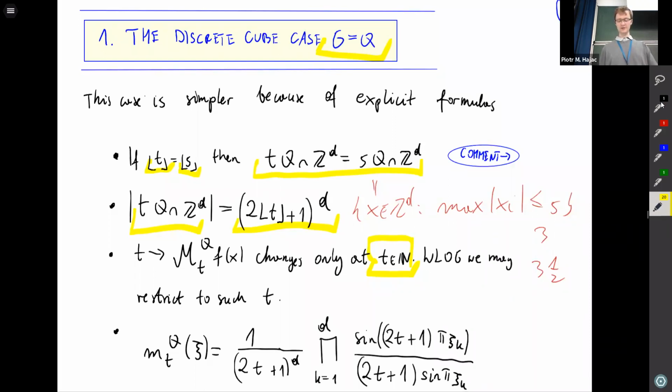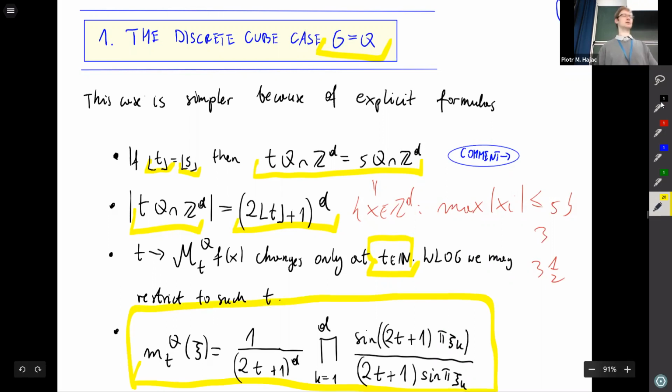Okay. For similar reasons, you can explicitly rewrite the formula for the Fourier transform from the sum to this expression. It's basically an exercise in summing geometric series. But you can do it, and you have a very explicit formula, more explicit than the one before, for the Fourier transform of the cube. So you see that you have 1/(2t+1) to the d.